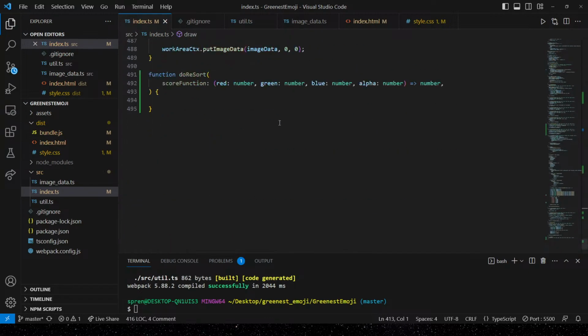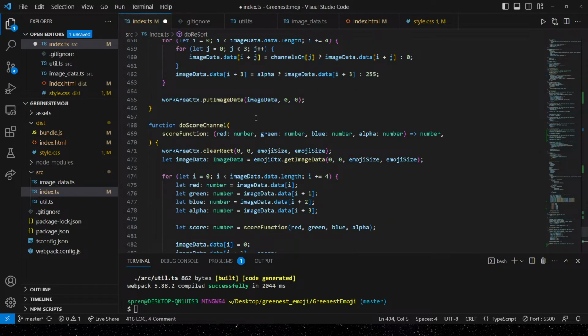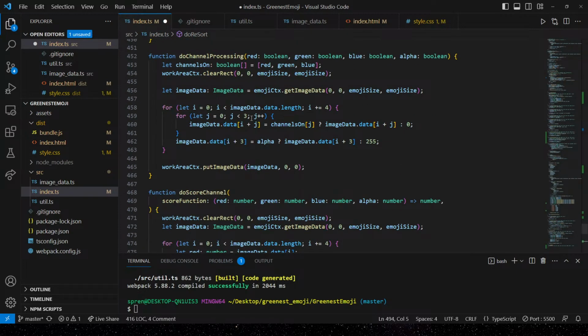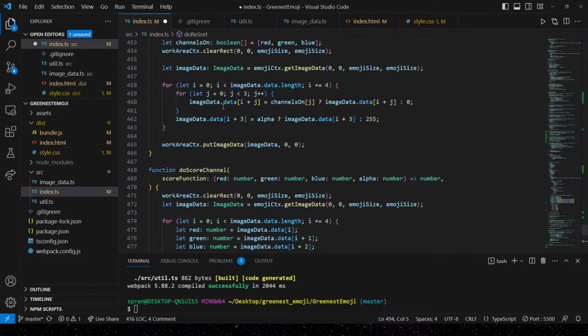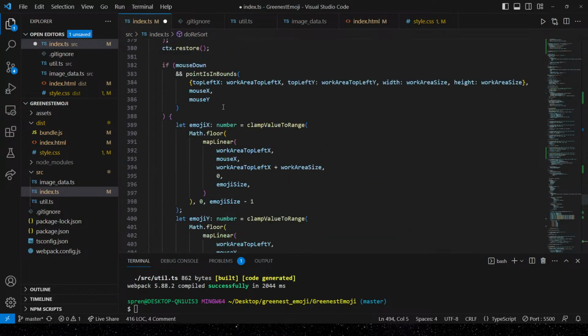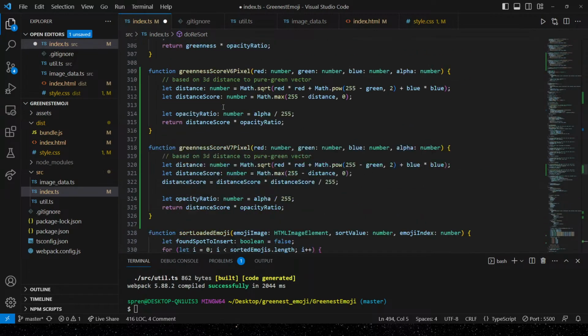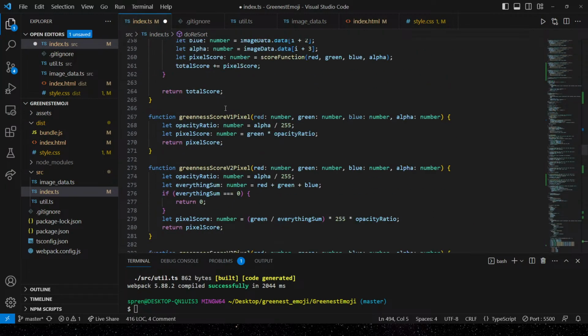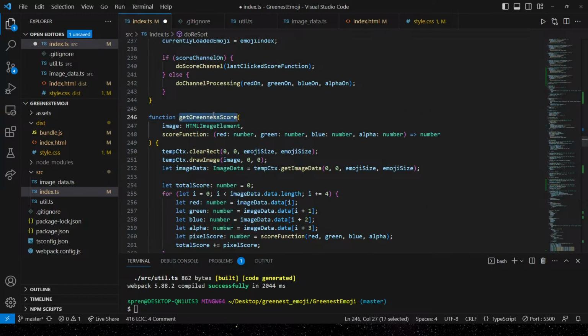Yeah, so I think how this works is you first iterate over all the images. Which is going to be this. Yeah, it's going to be this.